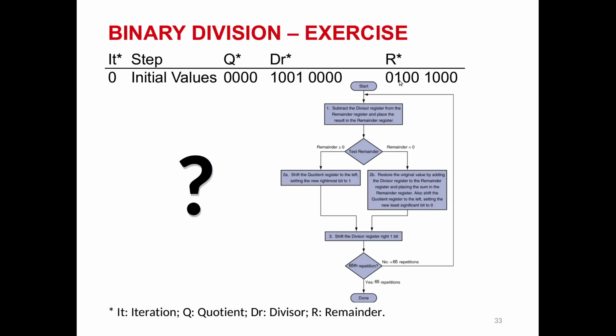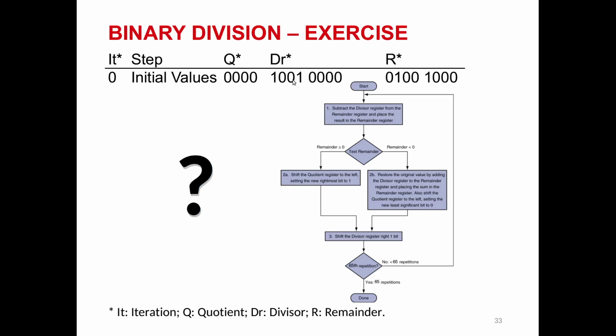So in this division, it will need to take 72 divided by 9, and as we said before, we have this value 0 here.